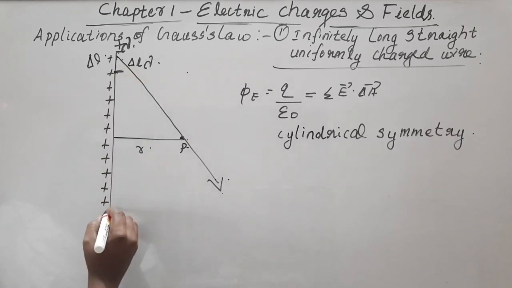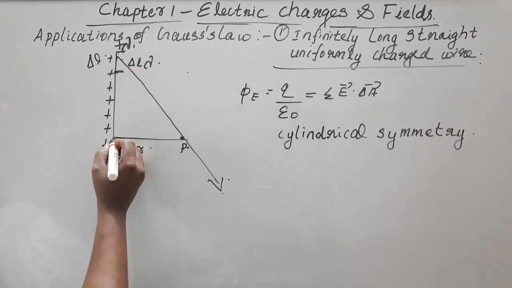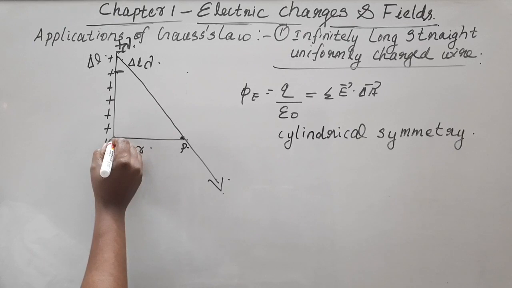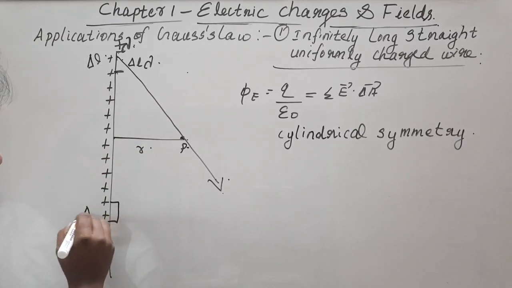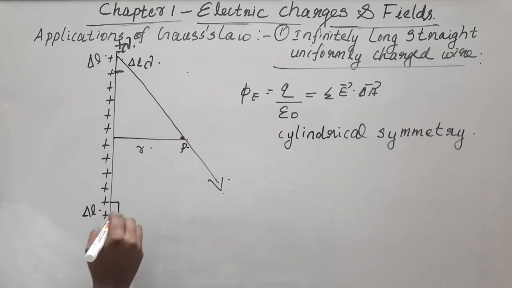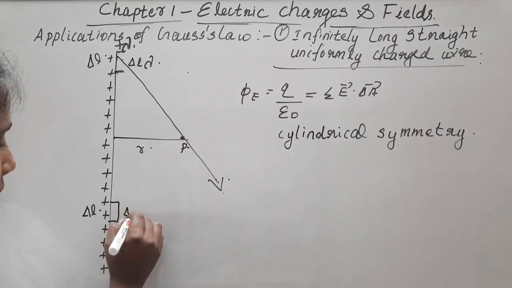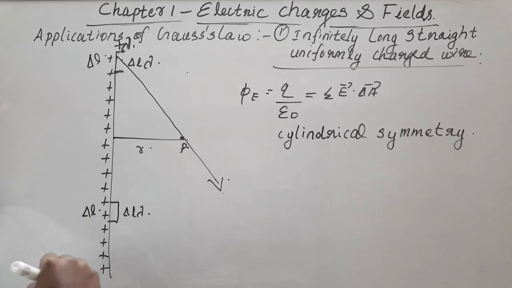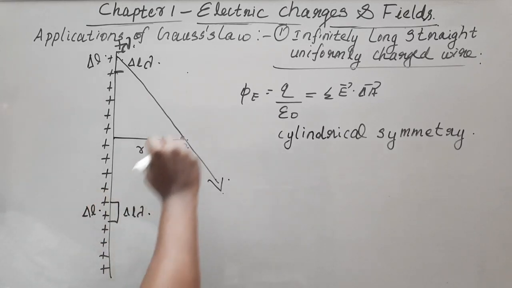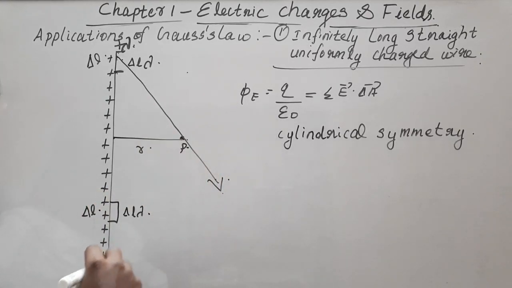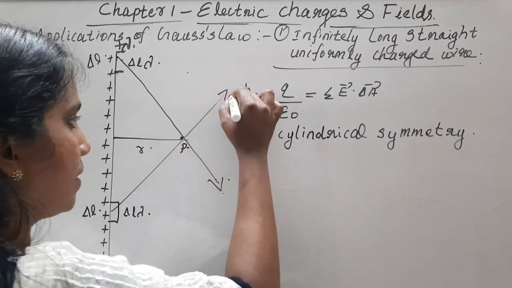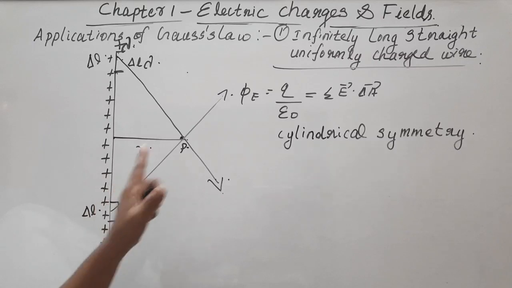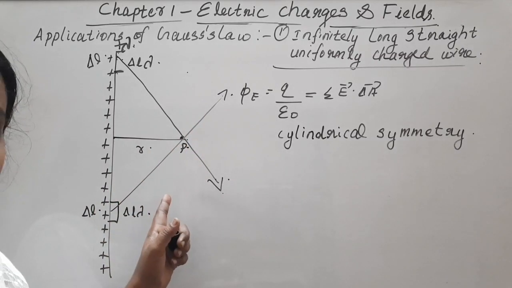And at another point at the same distance, you can consider another small element delta L. Its charge also is delta L into lambda. So that elemental charge also will be producing an electric field there. And that electric field will be in this direction.